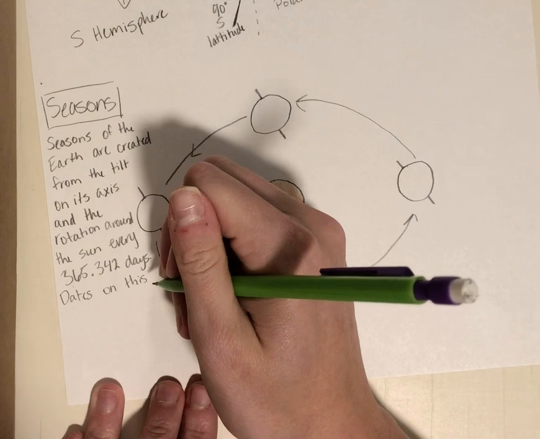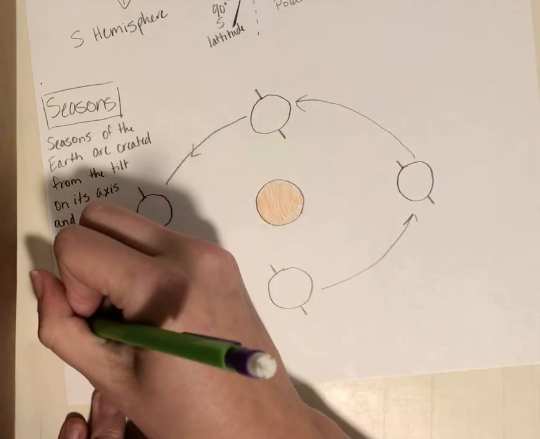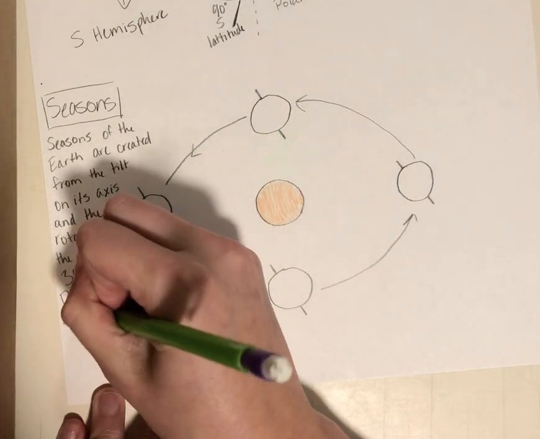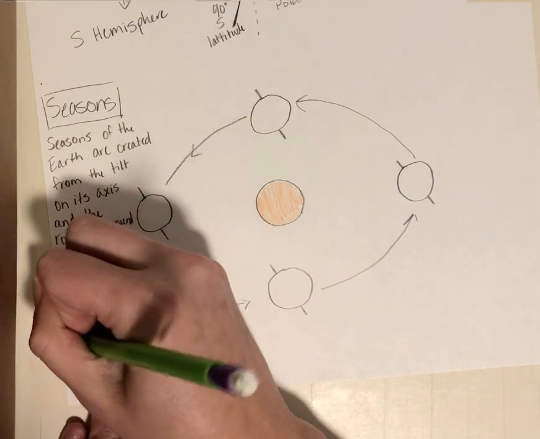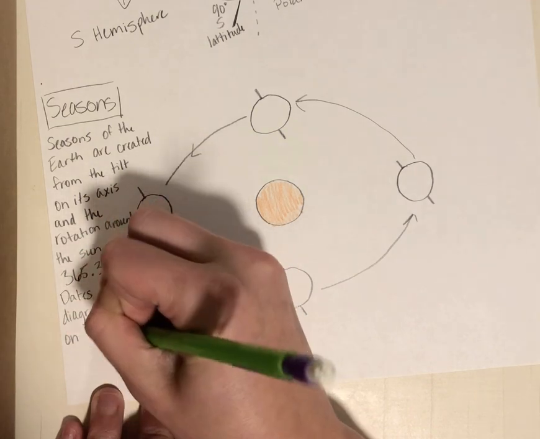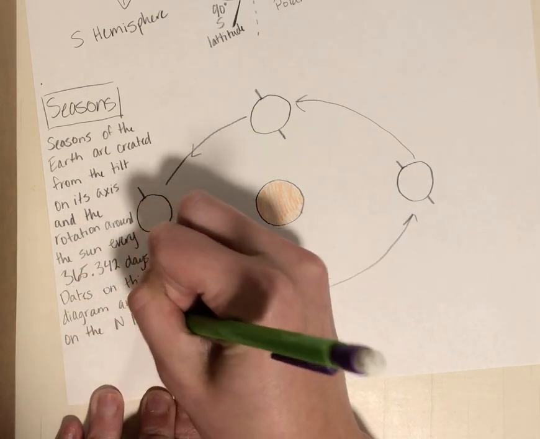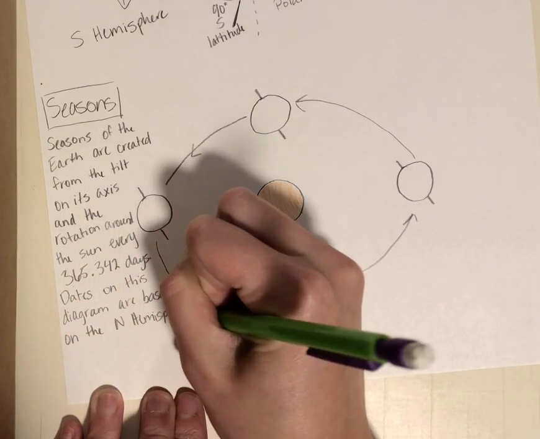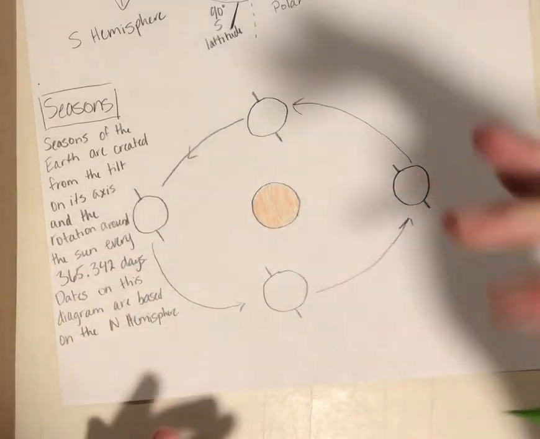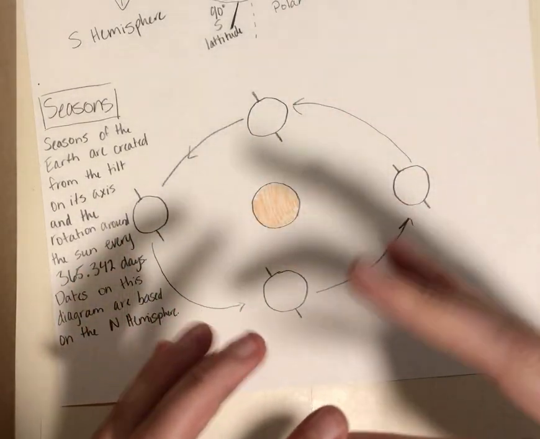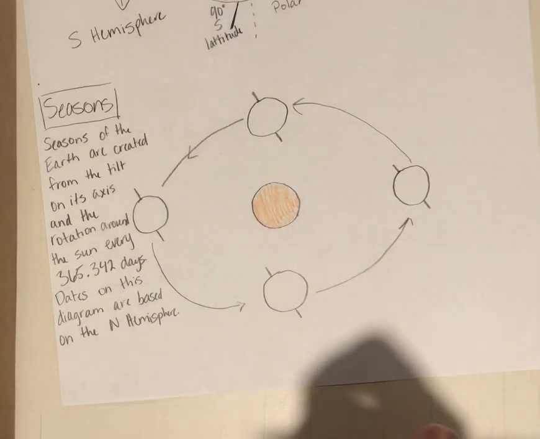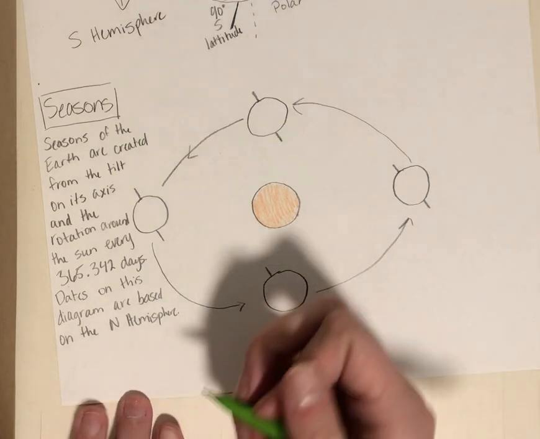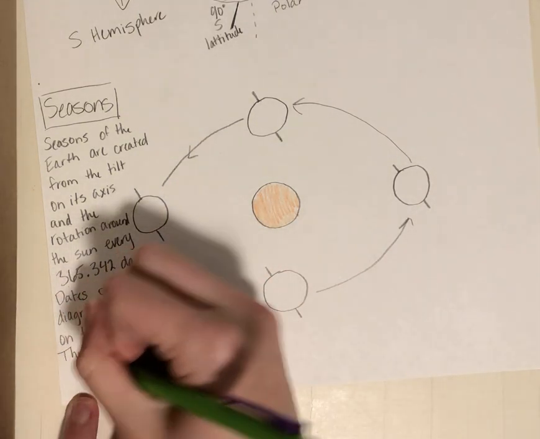So dates on this diagram are based on the northern hemisphere. And so like I said, the dates and the seasons that we're experiencing in this diagram are going to be based on the northern. So if you were thinking about the southern hemisphere, it will always be in opposite seasons.